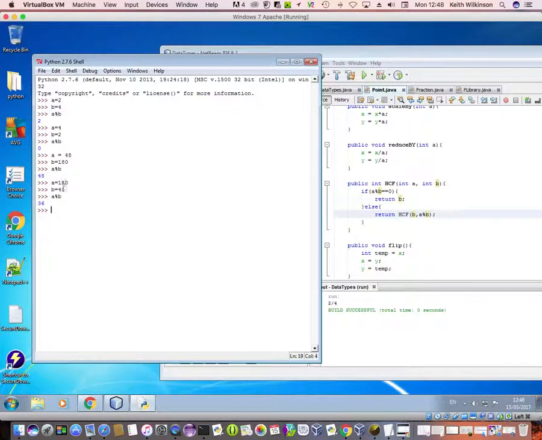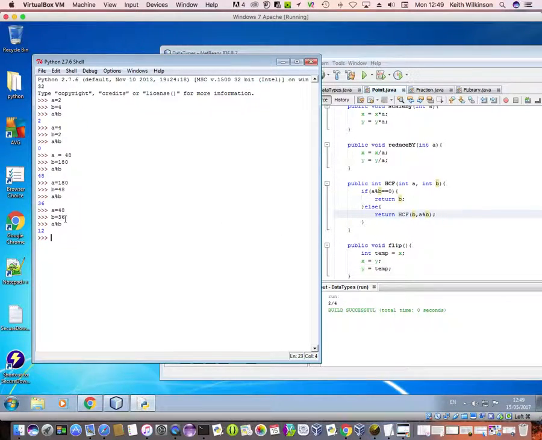So this time the first value is 48, so A needs to be 48 and B needs to be the blue value 36, which is A mod B. So perform the function again, A mod B. This time I have got 12, which again is not 0, so I'm going to find the highest common factor yet again.